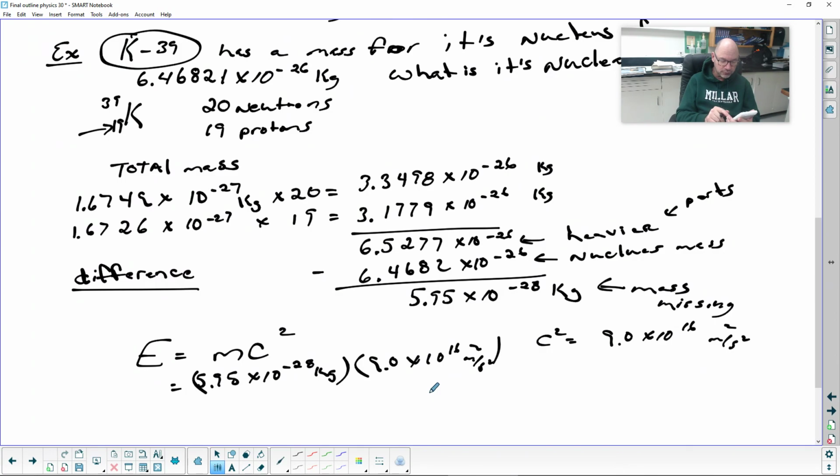So we go times 9 exponent 16, and we get 5.355 times 10 to the negative 11 joules. So that's what's holding that nucleus together.